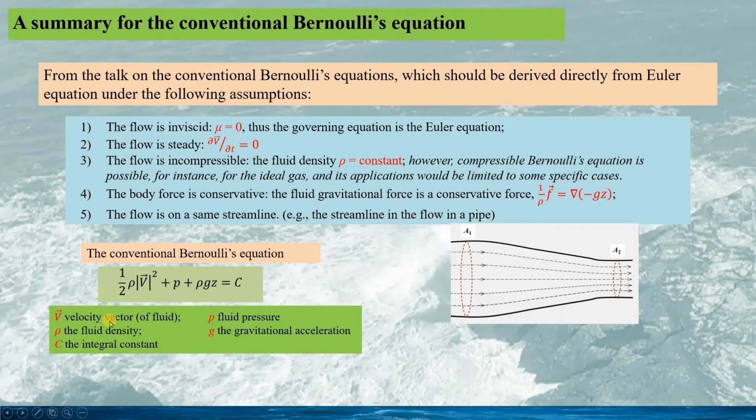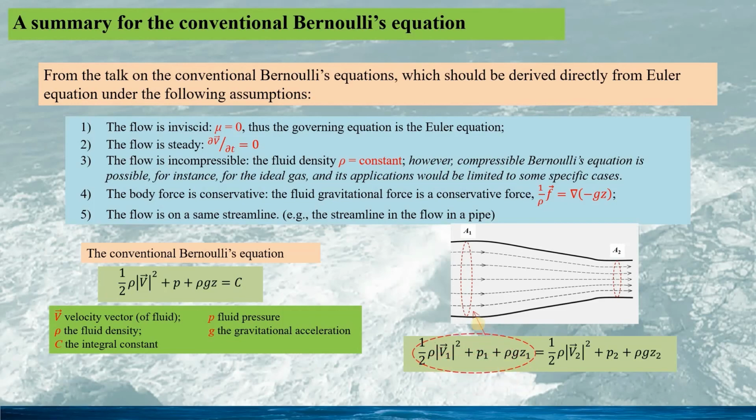Here, vector v is the velocity vector, p is the fluid pressure, rho is the fluid density, and g is the gravitational acceleration. Here c is the integral constant. For the application in pipe flow, we have the expression for Bernoulli's equation as this.